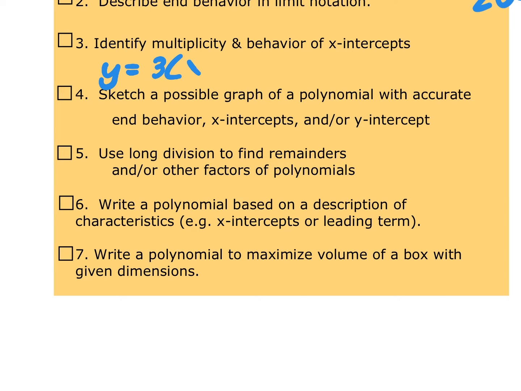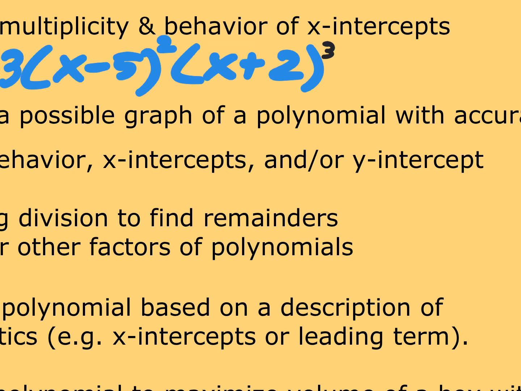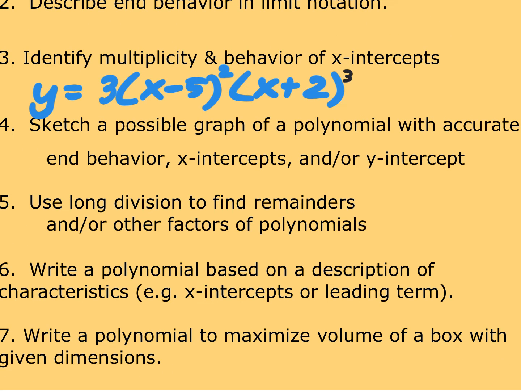3, x minus 5 to the second, x plus 2 to the third. Can you tell me the multiplicity and the behavior of the x-intercepts?